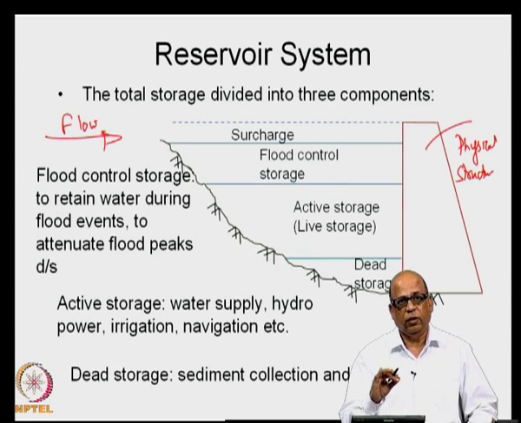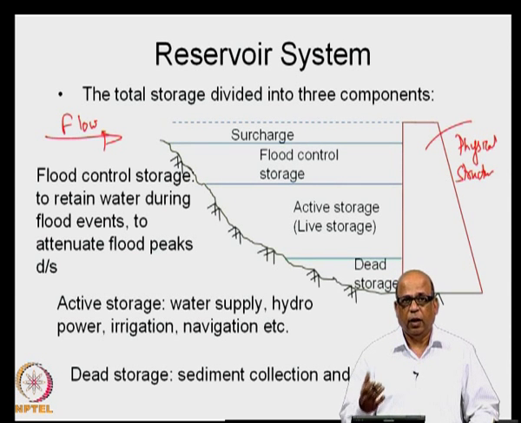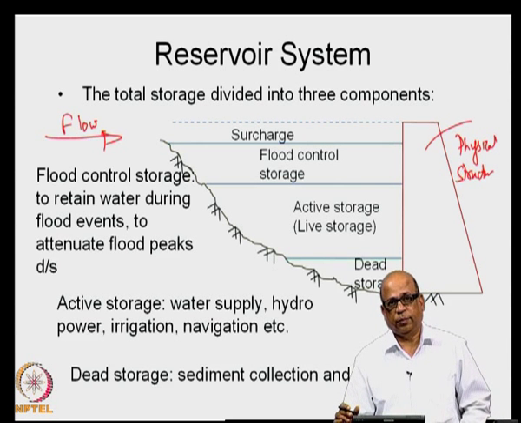So, you have essentially three different zones which are useful. One is the dead storage, which is useful for absorbing the sediment load and also for providing head for the hydropower, as well as for providing the storage for recreation purposes.